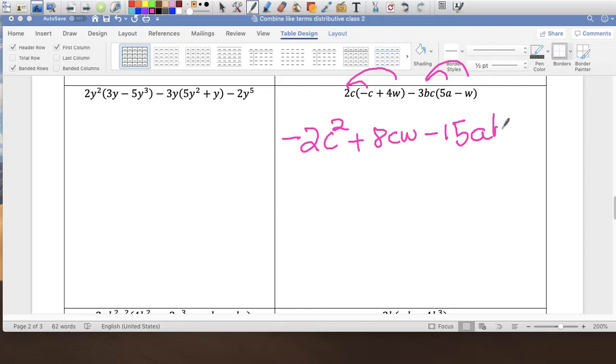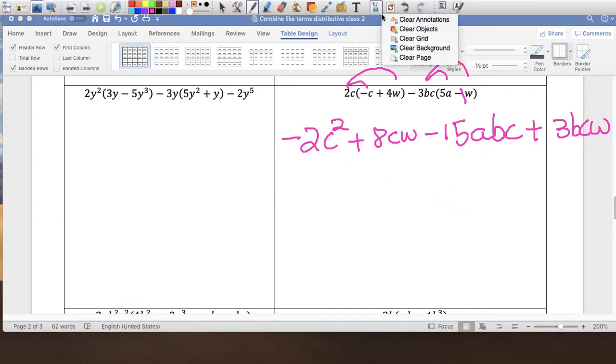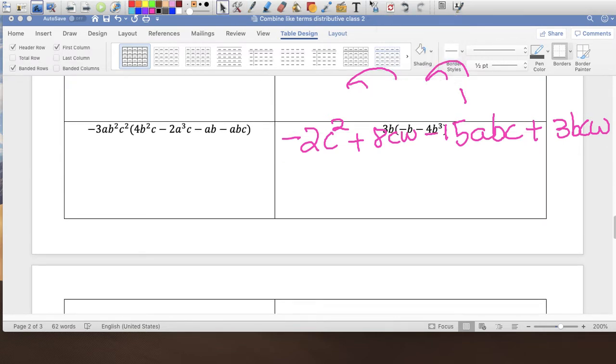So they're all different. I'm just going to put them in order, A, B, C. And then negative times a negative is a positive, and this is going to be 3BCW. Remember, in front of the W, there's a 1, right? So 3 times 1 is 3, BCW. This looks like they're all different, so we can just leave it like this. Okay? There's nothing to add or subtract because they're all different terms.